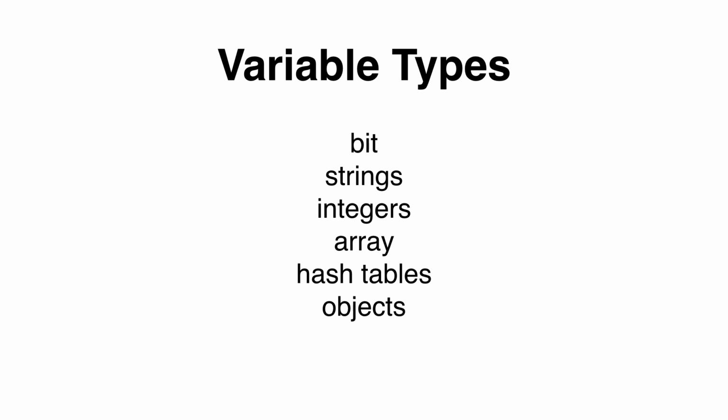You can store an array, that are multiple words that are associated to an index. You can store a hash table. A hash table is something similar to an array, except that you can actually specify what the index name should be, or you can assign an object to the variable.